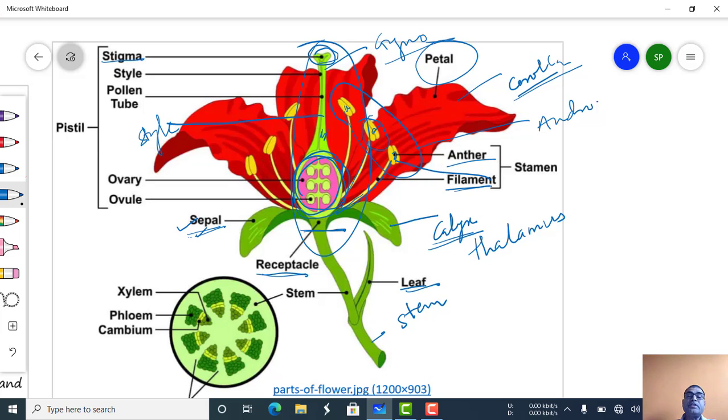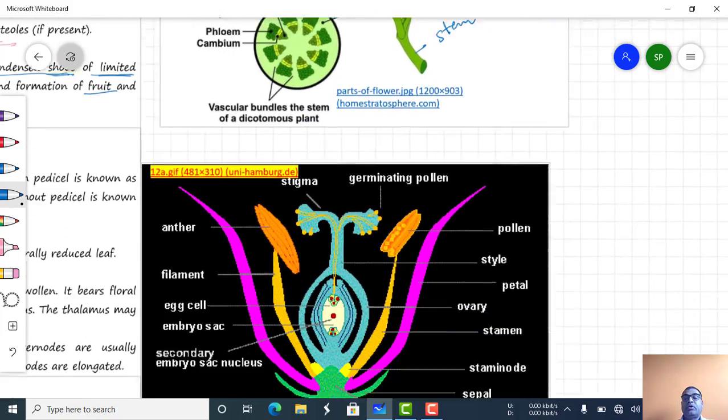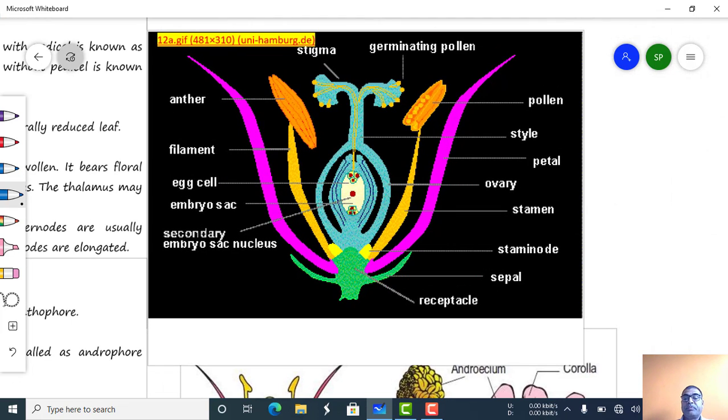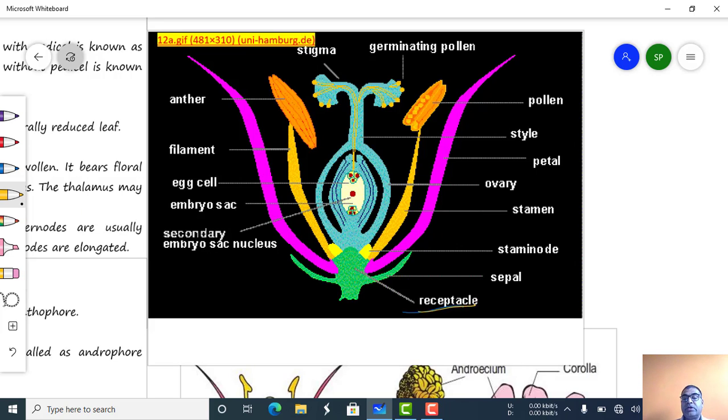So this is a basic image of the flower. You can also observe this figure. This is the receptacle. Just see what parts are present in the flower. The receptacle, then the sepals, which form the whole calyx.